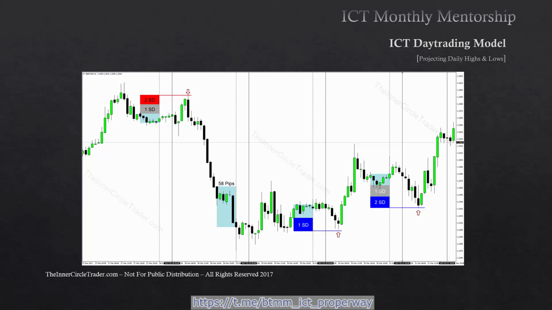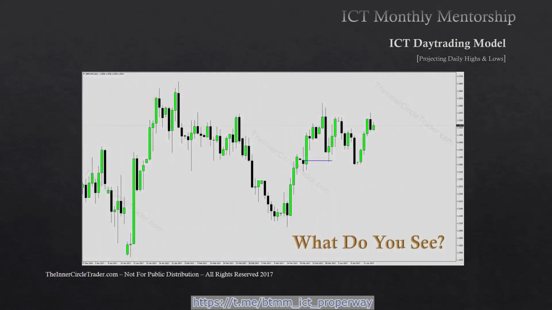They're all there. So we're going to take a look at every one of these examples with the exception of the 58 pip central bank dealers range, because that's a NIX. We don't do anything for that particular day, but we will comment on that when we get to that second example. Okay, so let's go out to a daily chart, and I'm going to ask you, what do you see here?